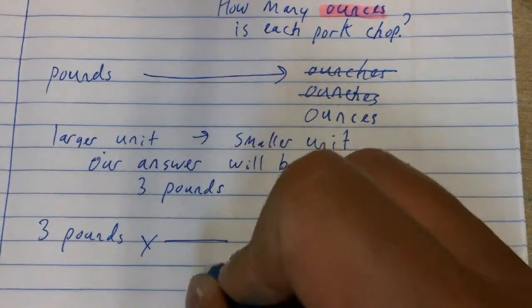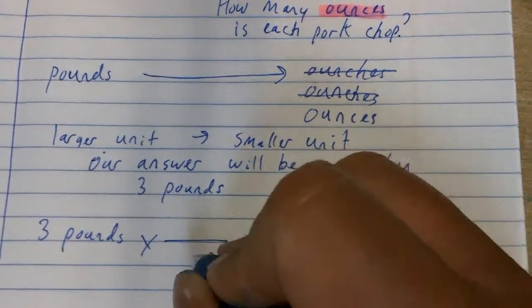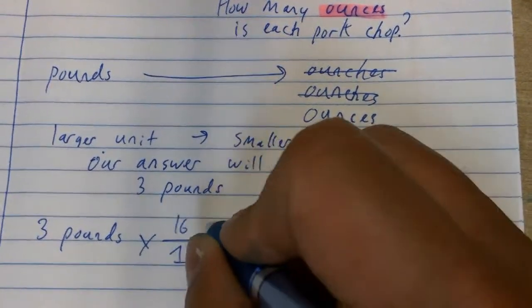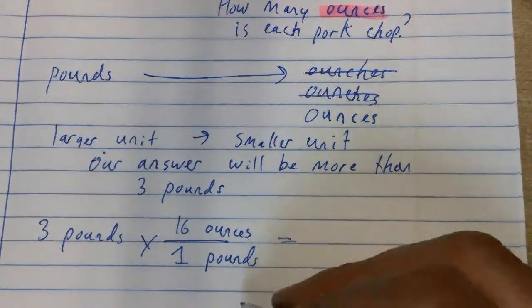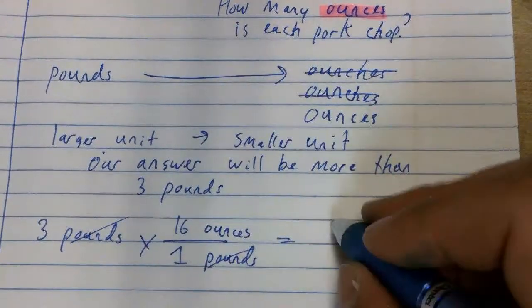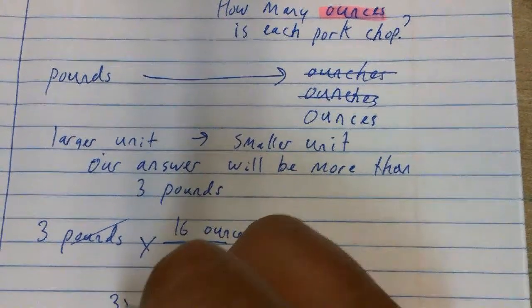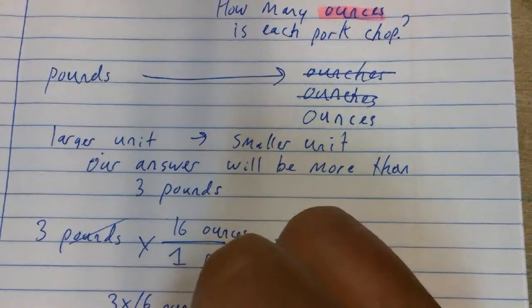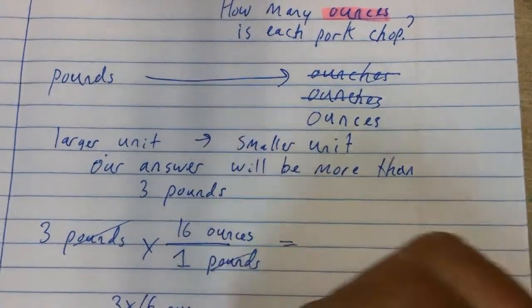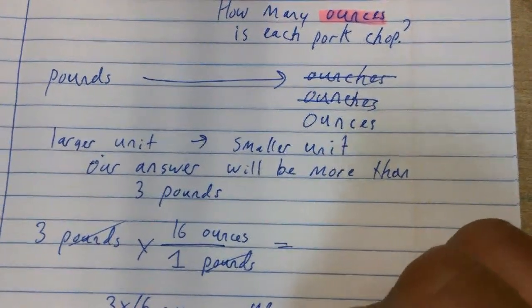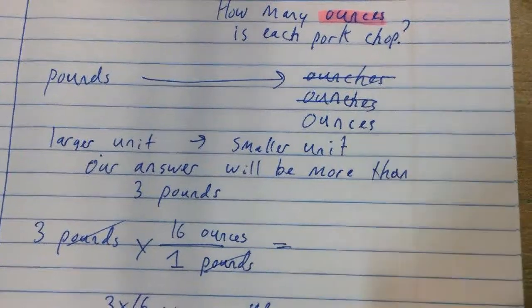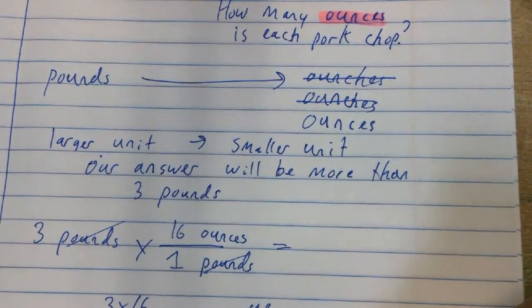Okay, so we want to get rid of pounds. 1 pound is 16 ounces. Pounds cancel out. You have 3 times 16 over 1. You have 48 ounces over 1. So you have 48 ounces.